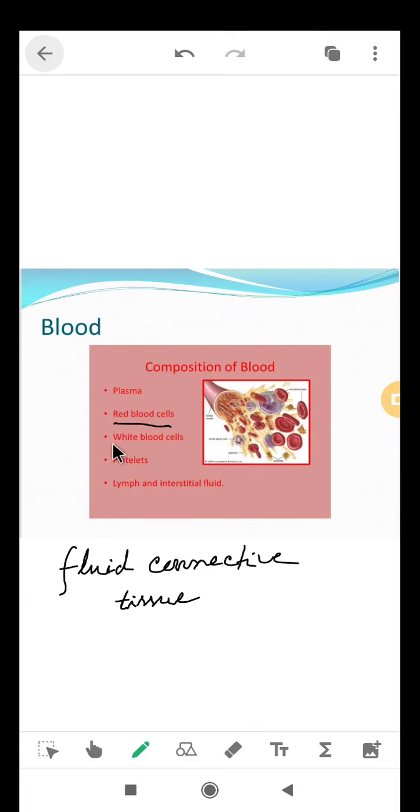These are the red blood cells, white blood cells, and platelets. Three types of blood cells are present, and the plasma. So blood consists of plasma and the blood cells.